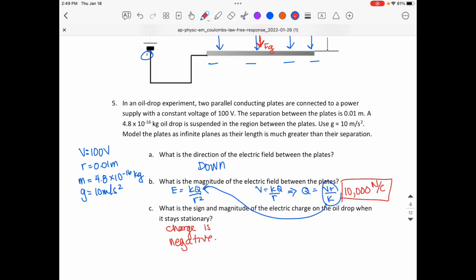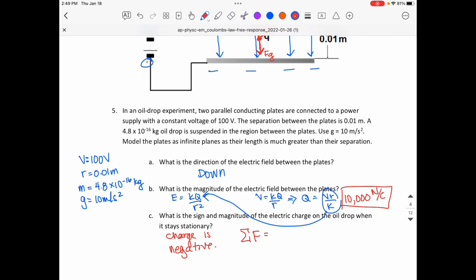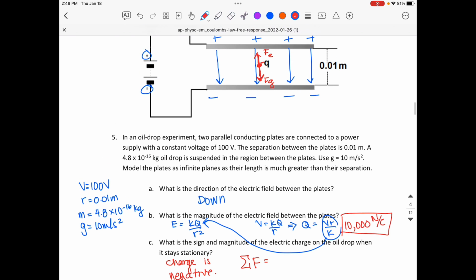Then the magnitude would come from a sum of the forces equation. We've got a force of gravity pulling down. Generally, I think of downward as a negative direction. But when we're doing the sum of the forces, we want to think about the direction.